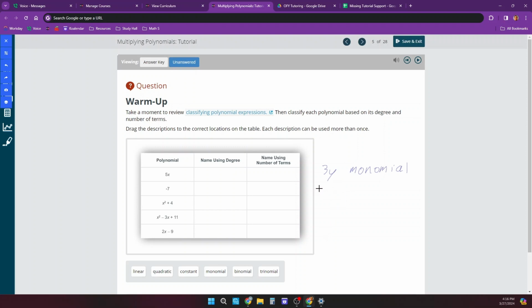If we had an expression that had two terms, let's say we had 3y plus 3x, we would call this a binomial. If we had an expression that had three terms, let's say we had 3y plus 3x plus 4, this would be a trinomial.